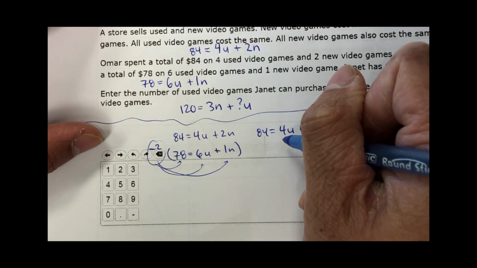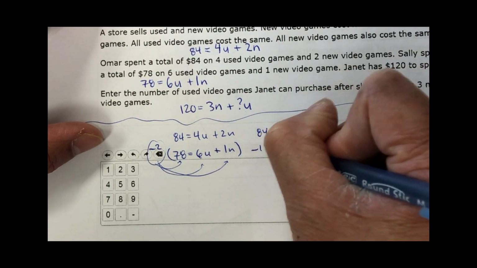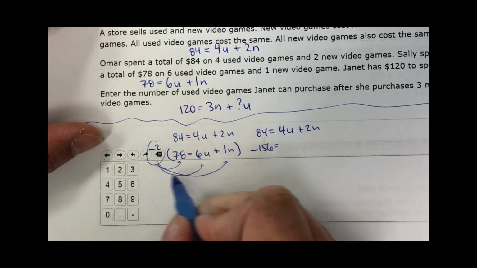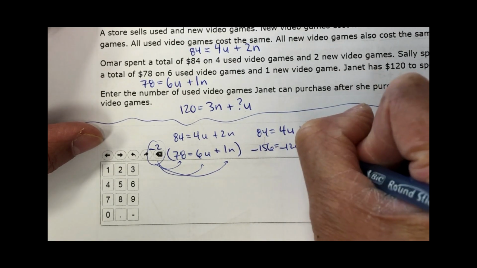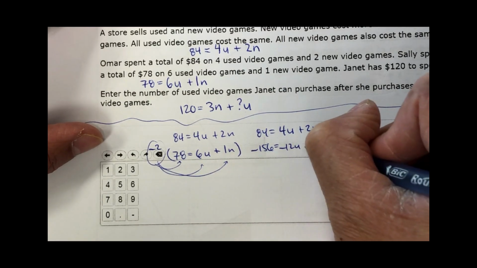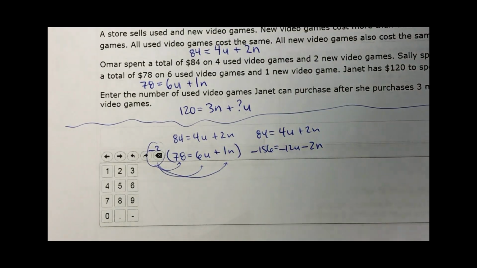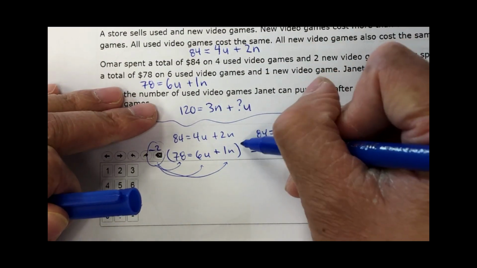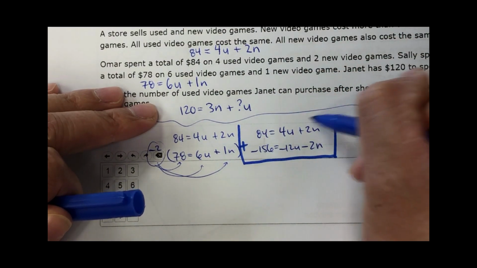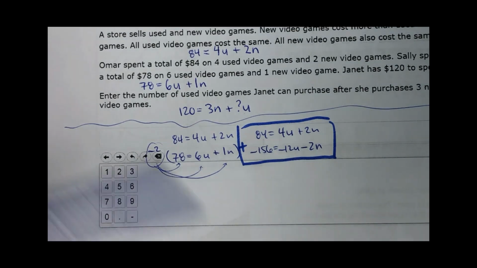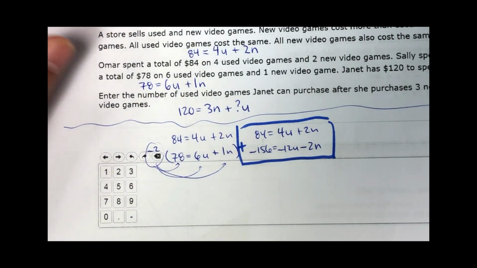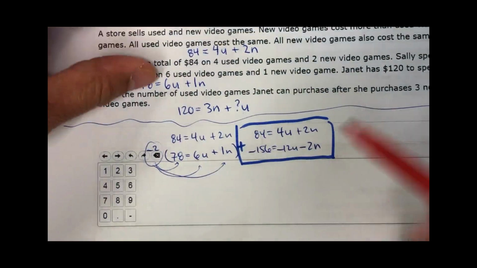So I'm going to get -156 equals -12U, and then -2N. And then here, if I just add these 2 equations together, you'll notice that it eliminates one of my variables. It's eliminating my N variables.